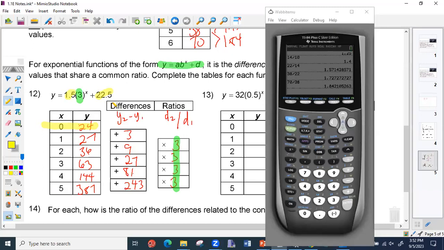That's how you get your 24, because if I had $1.50 and I have $22.50, together it's going to make $24.